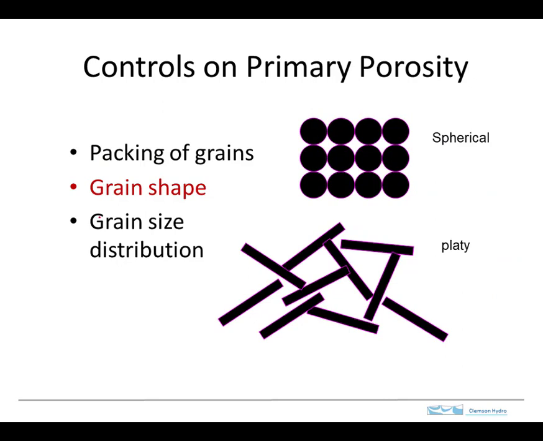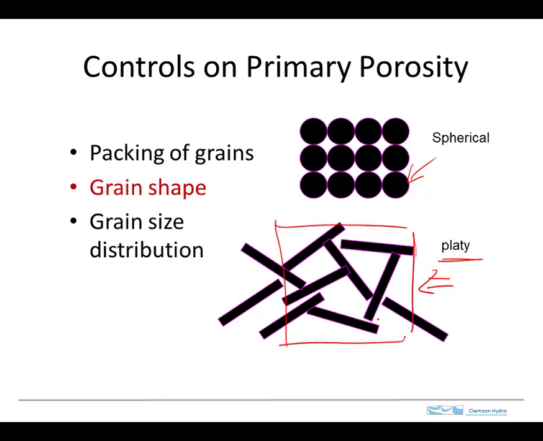So the grain shape will also play an important role. We saw what happens when you pack spheres, but mineral grains may also have different shapes. Here's a platy shape. This could be formed by micas or clays, and depending on how these grains are arranged, if you have something like what's shown here, you could have a very high pore space relative to the volume.